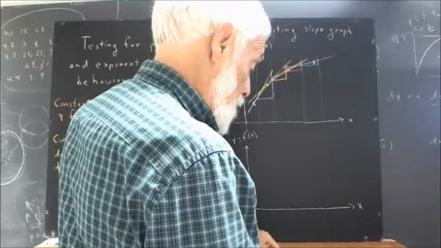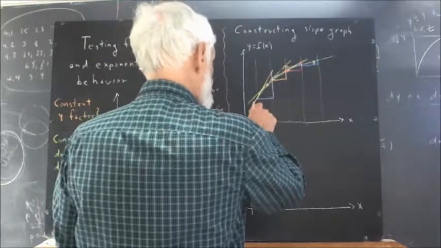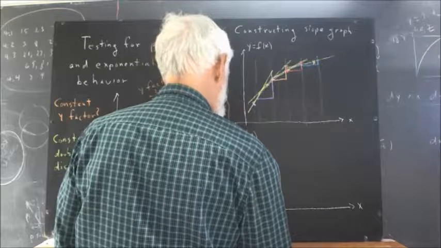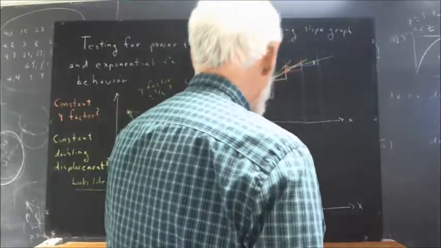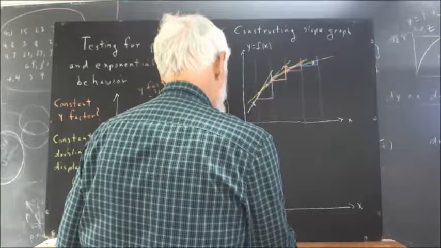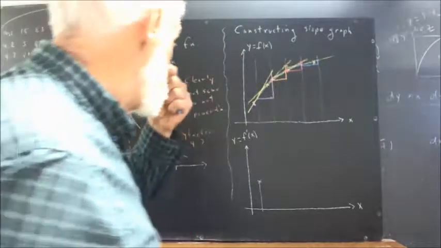At the first point, the x-coordinate of that point is here, so we're going to drop that down to here. I'm going to have a line segment of this length. I could actually construct that line segment, and at the top of that line segment will be a point on my slope graph.